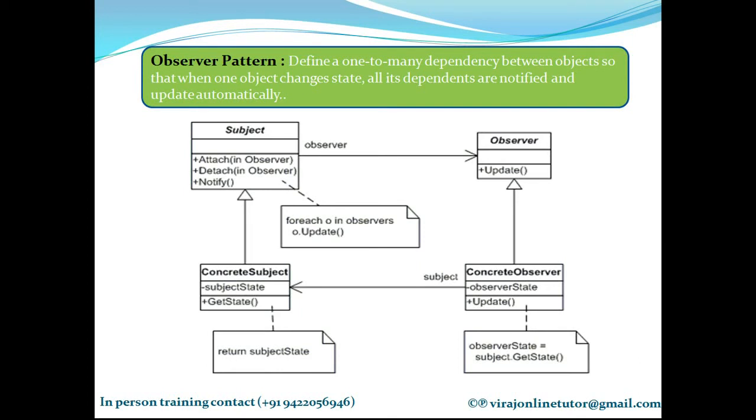The observer pattern describes how to establish a one-to-many relationship. The key objects here are subject and the observer. If you notice the diagram on the screen, I have a subject class and I have an observer class. These are the key objects.